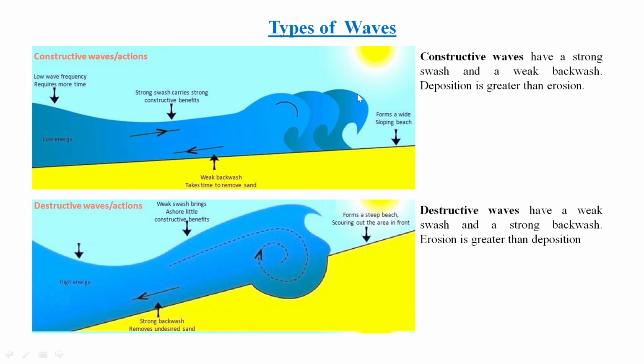On the other hand, when you are looking at a destructive coast, where destructive waves are involved, in that case the backwash component is much more in comparison to that of the swash component. So in that case, obviously there will be more erosion than deposition.